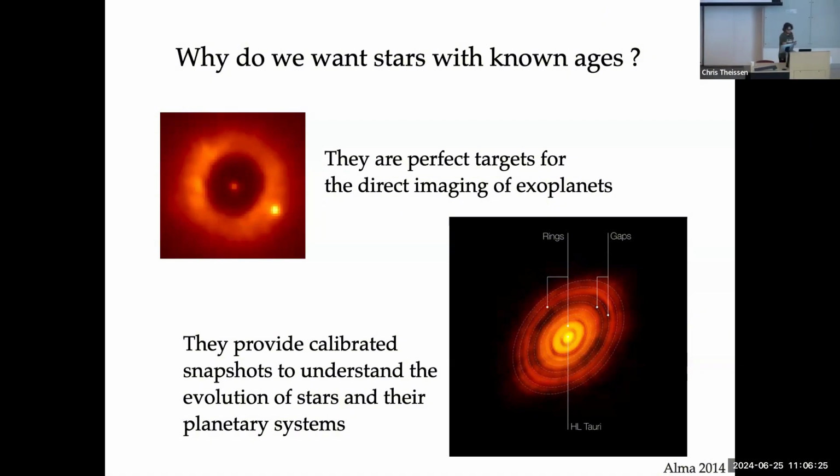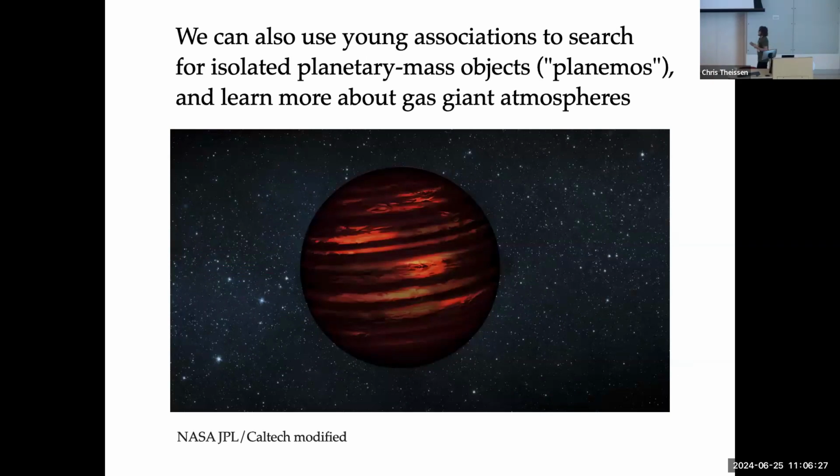But it's also useful to determine the masses of substellar objects. As you know, substellar objects like brown dwarfs and planemos cool down as they age. So the only way that we can make predictions on masses when they are isolated in space is to rely on models and to actually know the age.